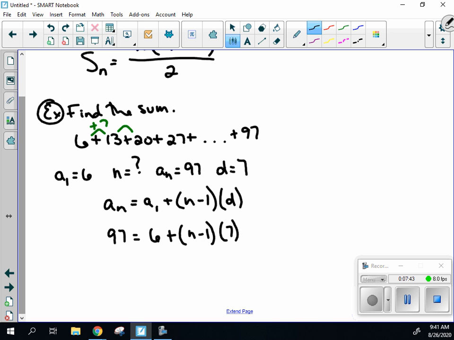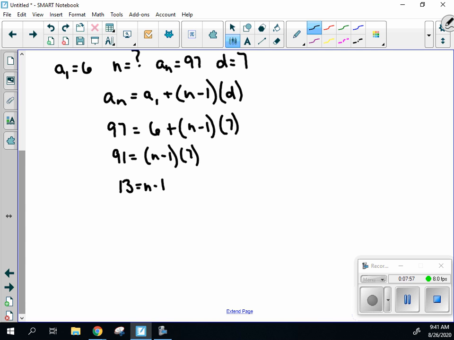So I'm going to subtract the 6. 91 equals (n minus 1) times 7. I'm now going to divide that by 7 to get 13. Add the 1 over. n equals 14. I now have all of my information to use the series formula.